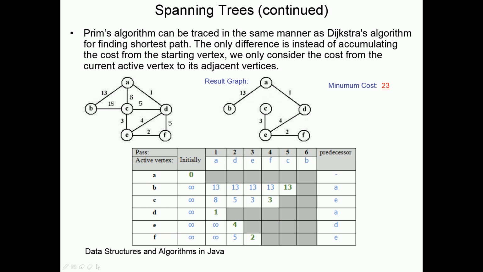So F, the predecessor of F is E. And then from E the predecessor is D. From D the predecessor is A. And then from C the predecessor is E. And B, A, and that's it. And that gives us this spanning tree with the cost of 23, and that's the minimum cost.